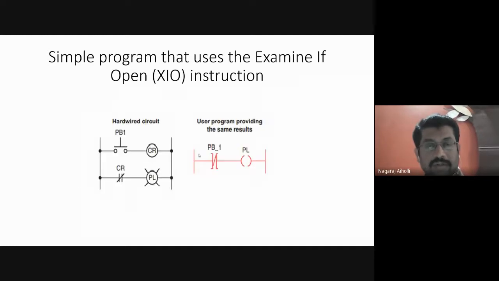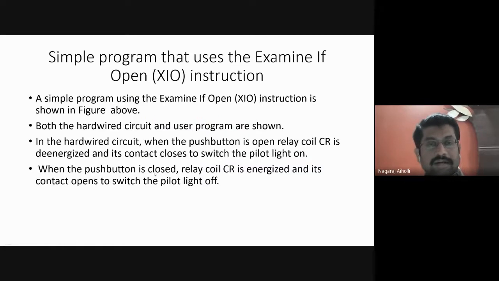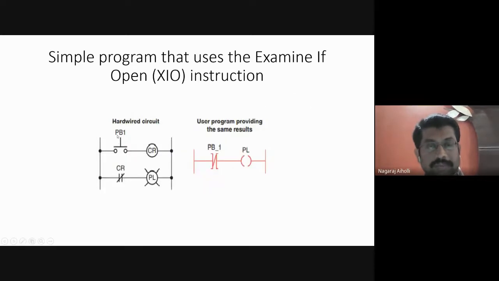When the push button is closed, the relay coil is energized, the contact opens, and the pilot light is turned off.